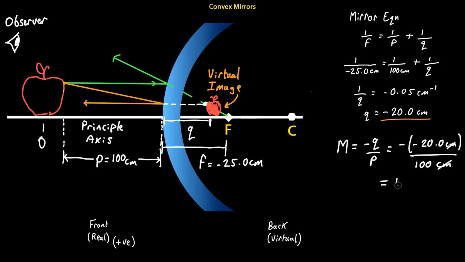So we get a positive 0.200 for the magnification. The positive sign tells us that the image is upright. If we had a negative magnification, the image would be inverted. And because the magnification is less than 1, it means that the image is smaller than the object, as seen by the observer.